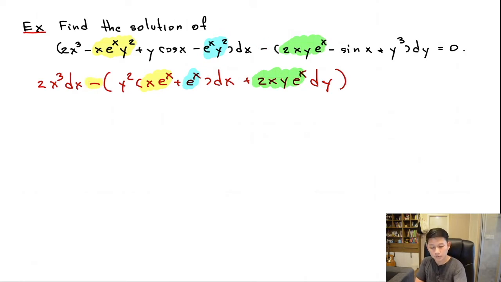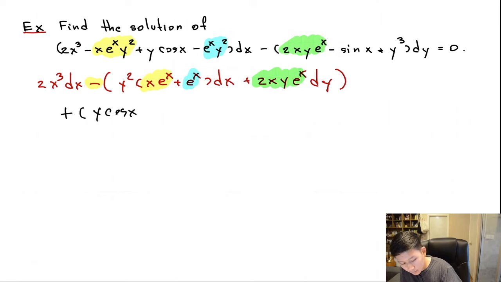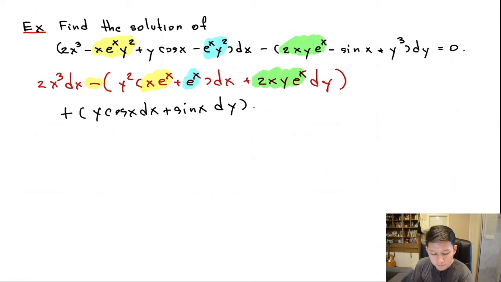Cool. And then I have plus y cos x dx plus sin x dy. Where is this from? I'm going to use some other colors. Y cos x dx, this guy, and sin x is from here.